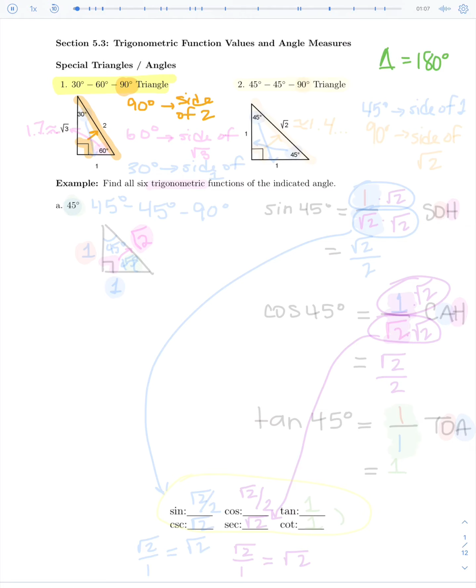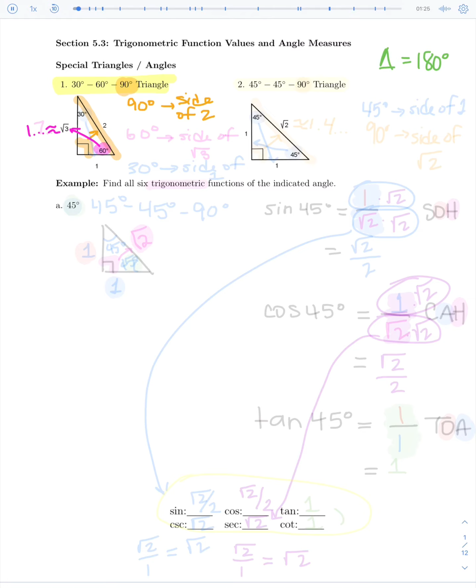opposite of it. The next biggest angle is a 60-degree angle, which should have the second biggest side, which is the square root of 3, which is approximately 1 point something. So it's the second biggest side, and it's the second biggest angle. That makes sense.